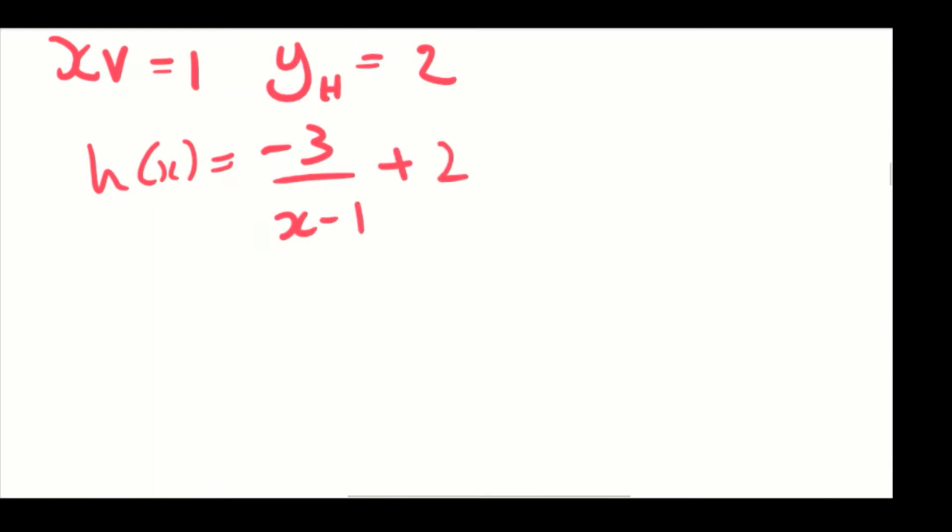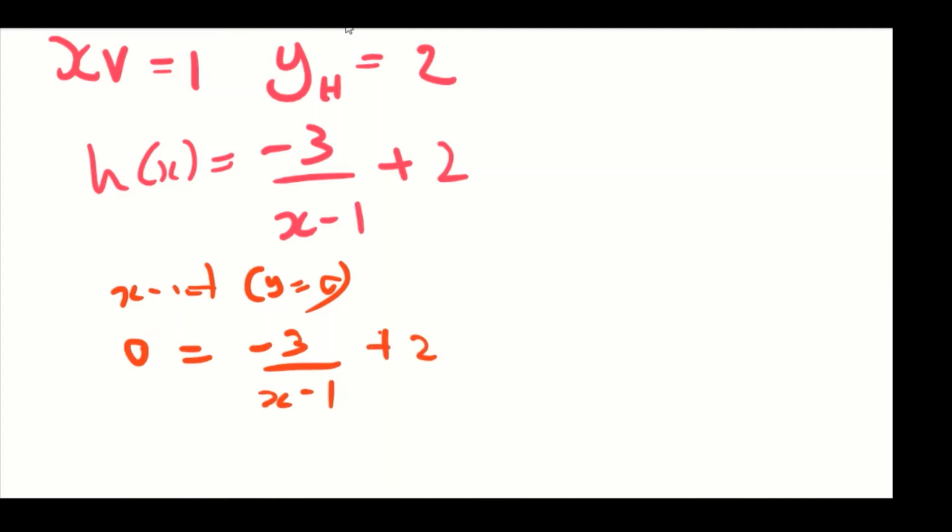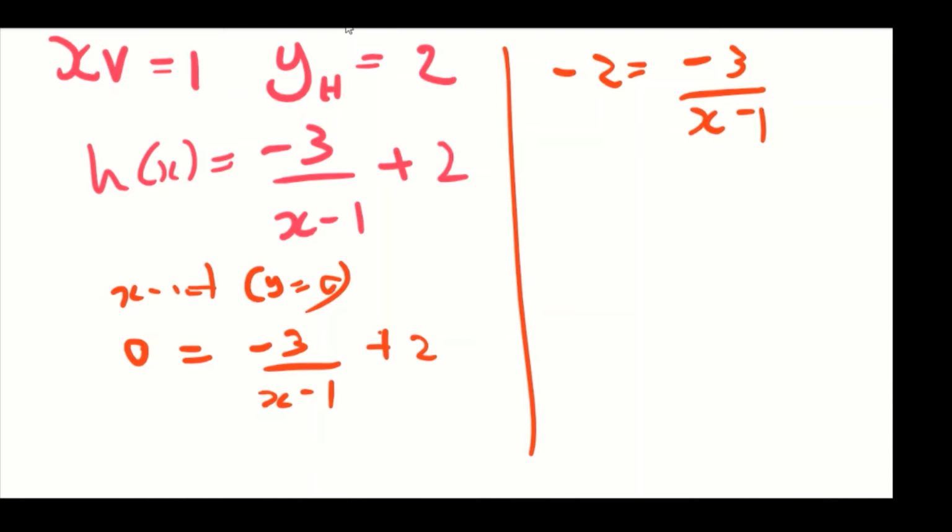So let's find the x-intercept when y equals 0. So it's going to be 0 equals -3 over x minus 1 plus 2. Transpose the 2 to the other side. We have -2 equals -3 over x minus 1, right? And we cross multiply, -2 into x minus 1 equals -3.